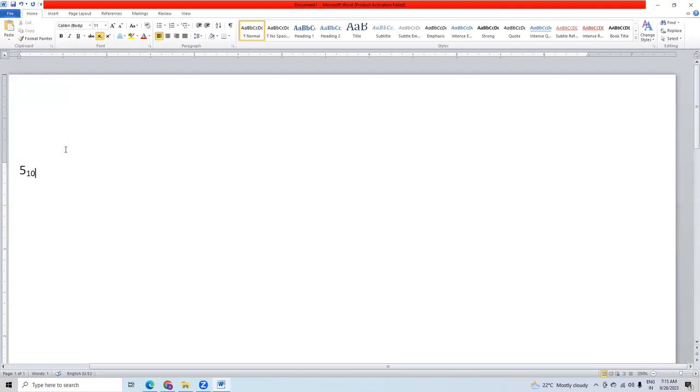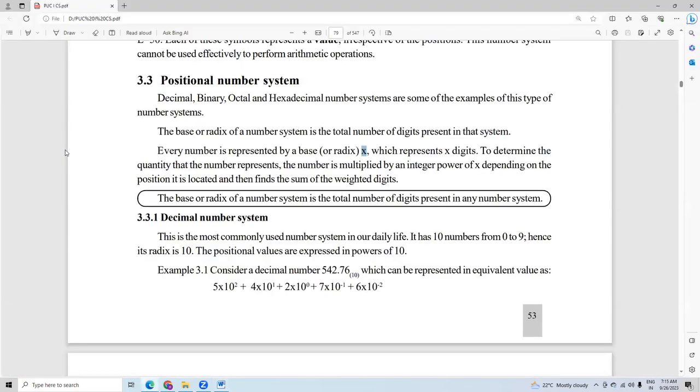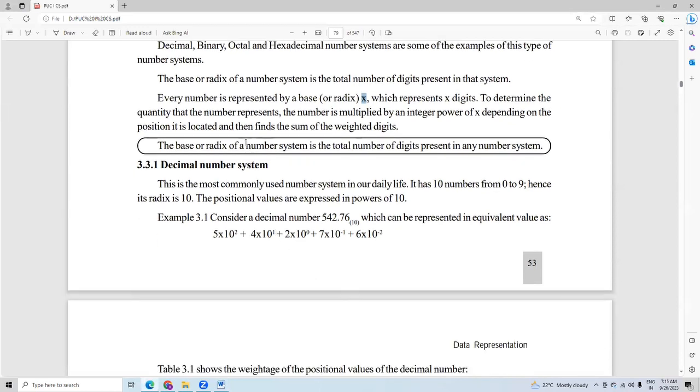The 10 indicates the base or radix, right? For every number system, there is a particular base or radix. Base or radix in the sense what? The number of digits present in that number system is indicated by that base or radix, right? So the base or radix of a number system is the total number of digits present in any number system.